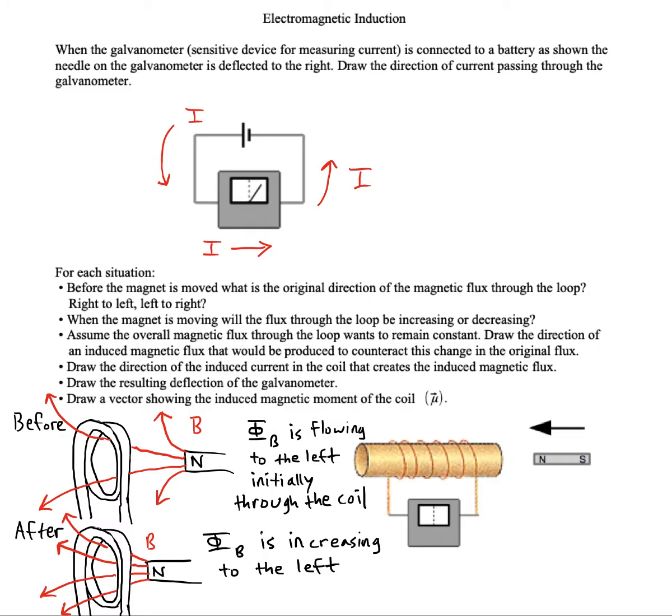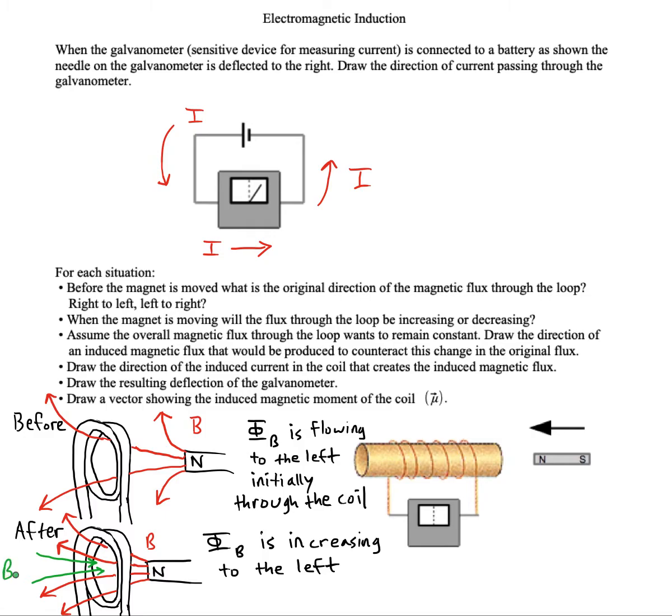And so Lenz's law says that a current will be created in order to oppose the change in magnetic flux. So what kind of induced magnetic flux would counteract the change that we see in this situation? Well, what we would want is a new magnetic flux to be created, and that new magnetic flux needs to flow from left to right.